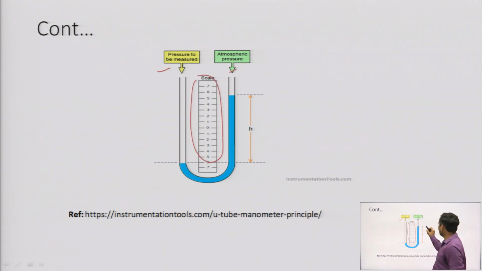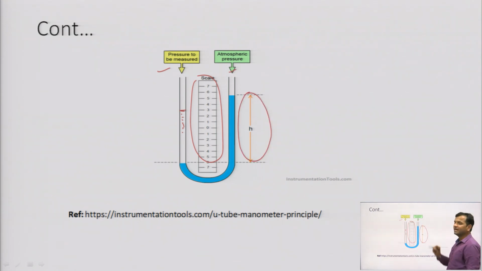From there, we can know the height of the liquid after applying the pressure. Initially the liquid will be at some level here, and when we apply the pressure, that will move. So, in the left leg the height of the column will reduce, and in the right leg the height of the liquid will rise, and here the scale is there from which we can measure the height.